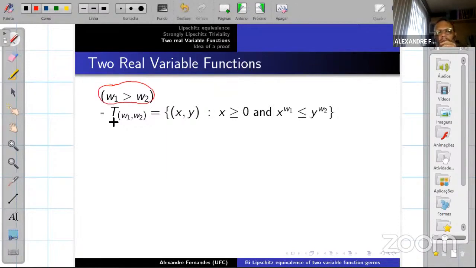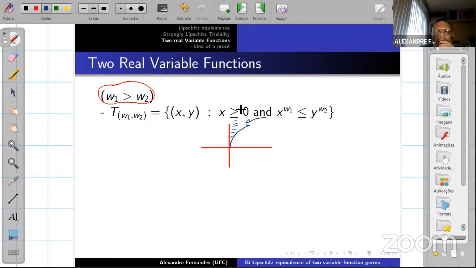Let me define this set. This set is a holed triangle, with some contact here. It's not a geometric triangle. Okay, a topological triangle.